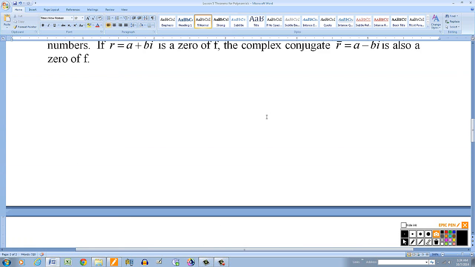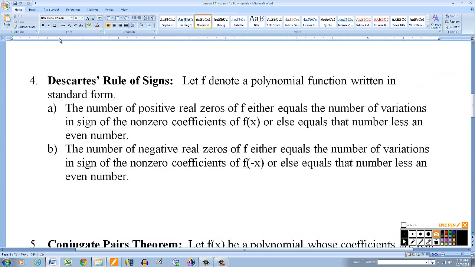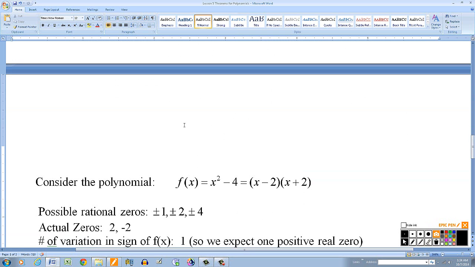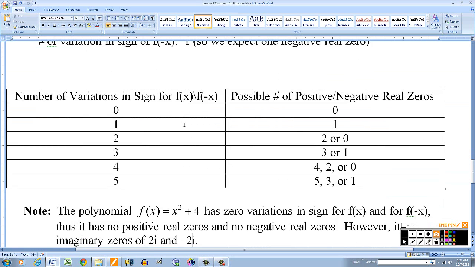Now, getting back to the theorem, the number of positive real zeros of f of x either equals the number of variations in sign of the non-zero coefficients of f of x, or else equals that number less an even number. So here's what you're going to do if you're working something like this. Here's a little chart.